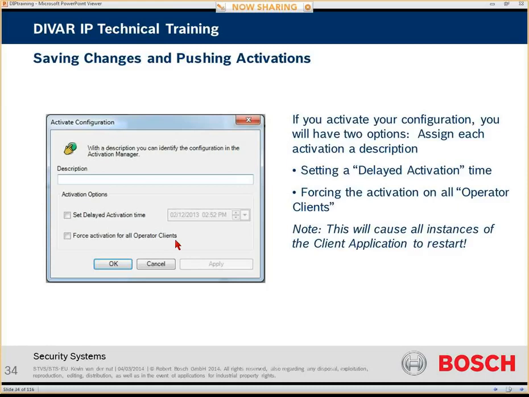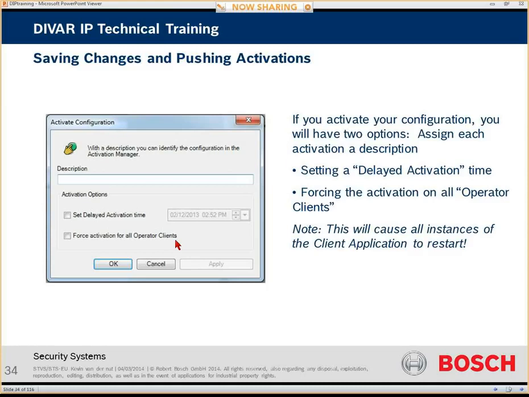So it gives him the option to run in an out of synchronized mode towards the latest available configuration, or to say immediately, no, I want to activate this configuration right now, which would cause his client application to restart. Now if I mark the force activation, I will simply take this option away from the operator connected to the system.